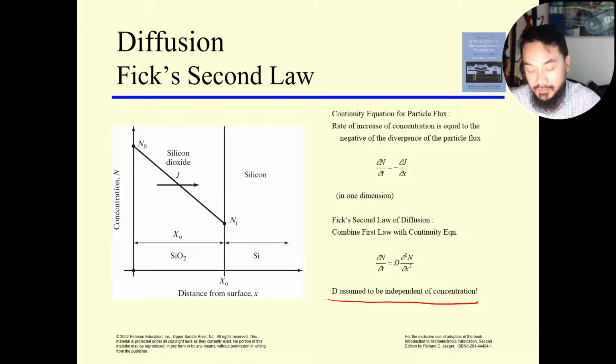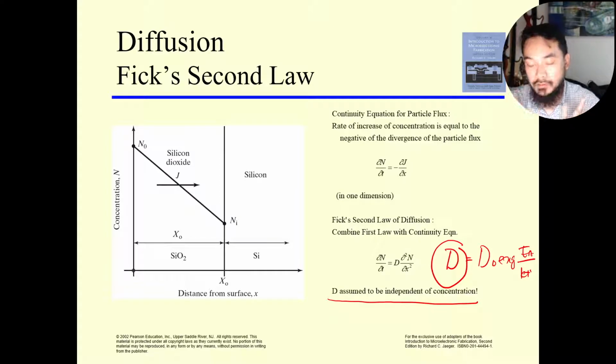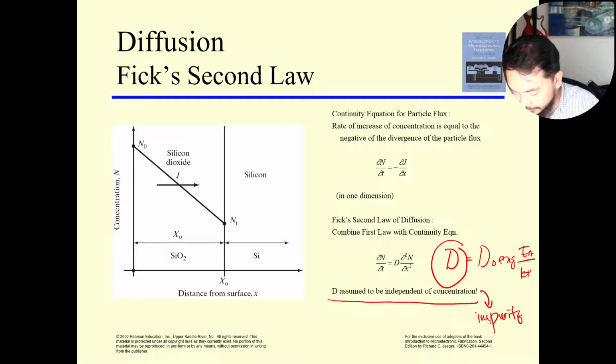It means that as the diffusion process occurs, D will be constant and determined by the equation D0 exp(-EA/kT), which we will see later. So D does not change, regardless of how much impurity concentration there is within that volume of the wafer. It is the same throughout the wafer and throughout the process of diffusion.